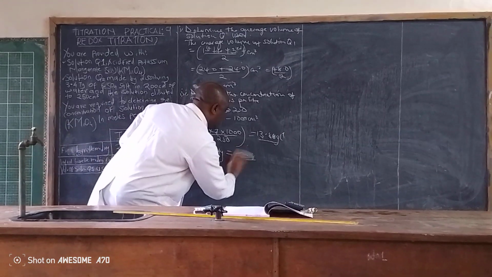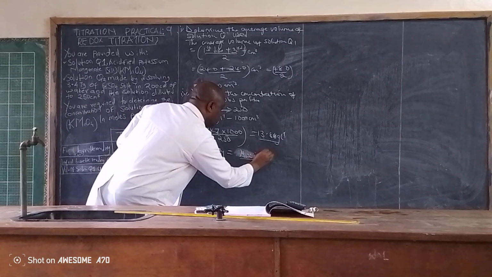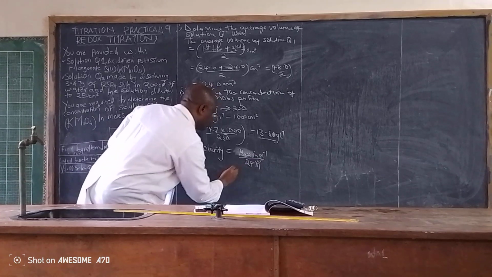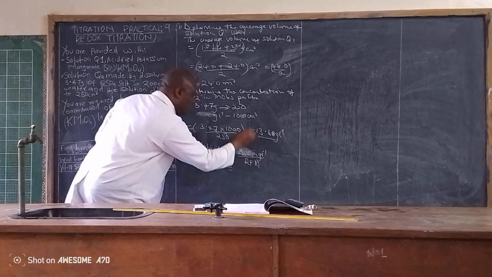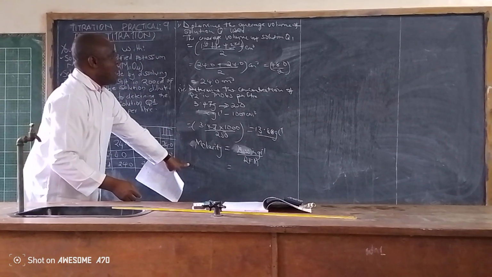Molarity is always mass in grams per liter, divided by the RFM. We must also calculate the RFM of the iron salt.